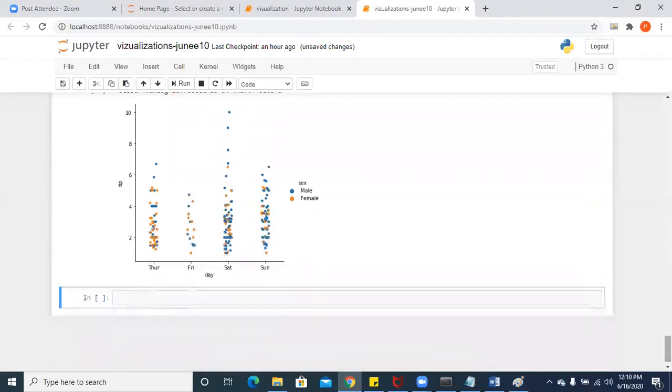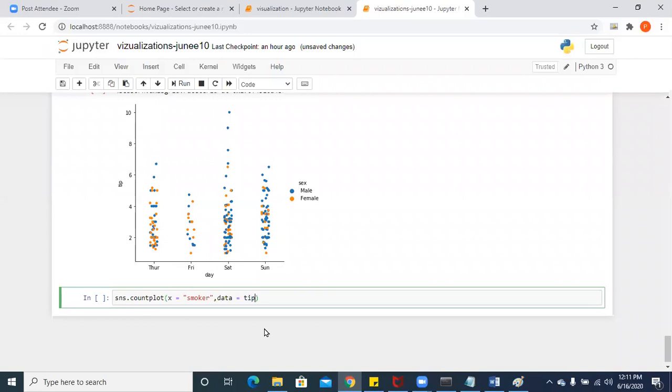We also have another plot called count plot. sns.countplot(x = 'smoker', data = tips). It will say how many smokers came to the restaurant.